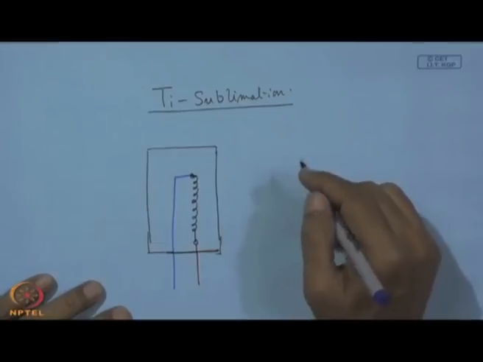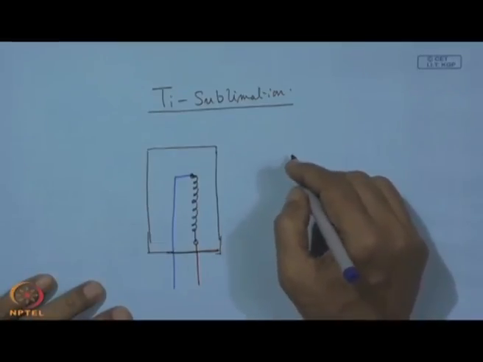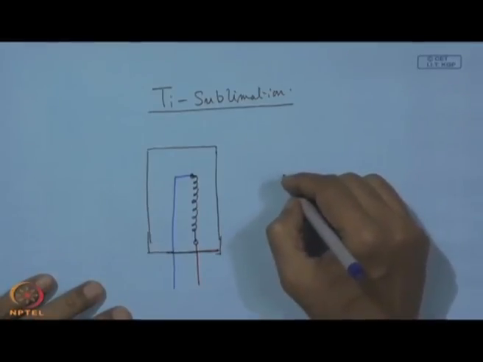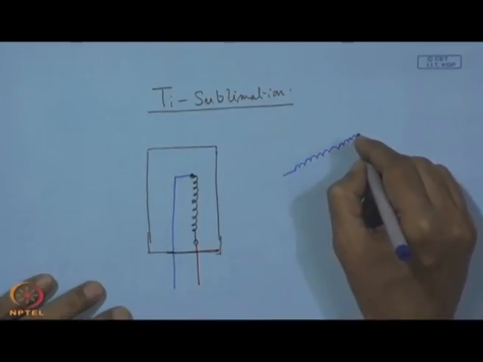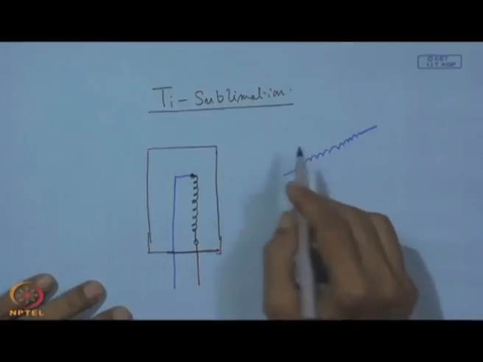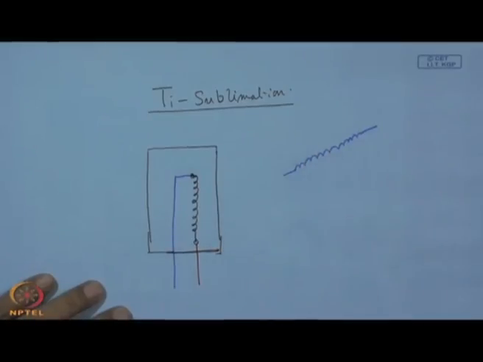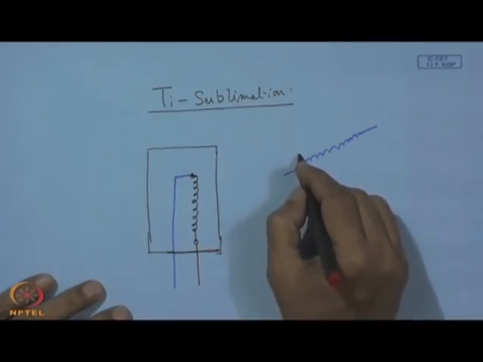We can also show it this way: this is one titanium coil, and it has just one annular surface.